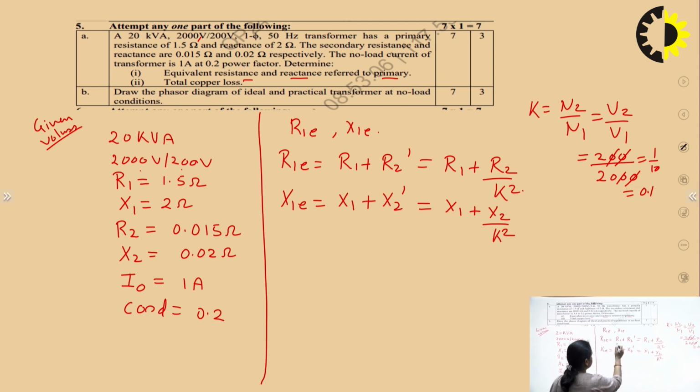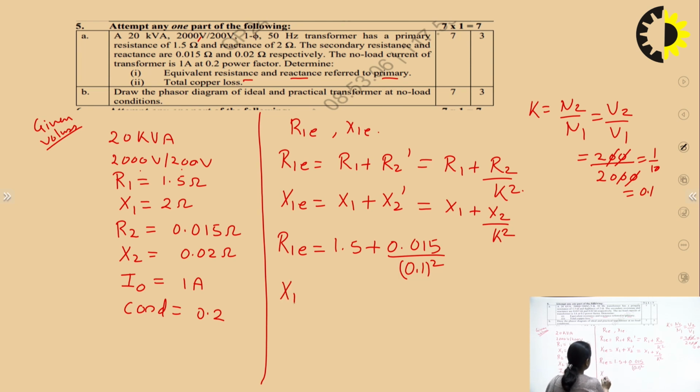By putting in all the values of R1 and R2 dash, you can find the value. R1E is R1, which is given 1.5, plus R2, which is 0.015, divided by K, which we found as 0.1, whole square. After solving this, you will get the value of R1E.